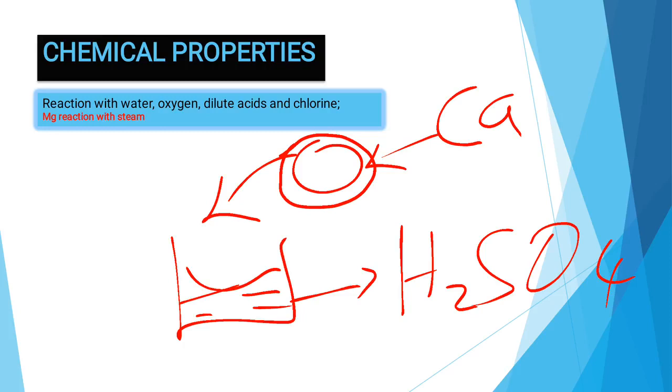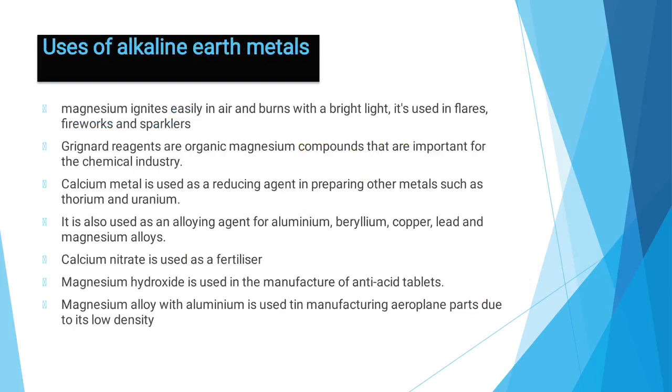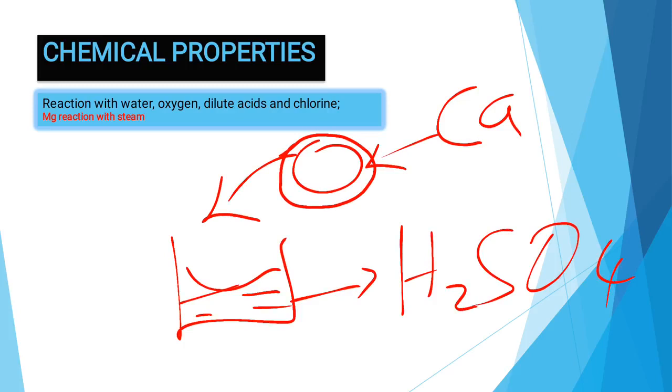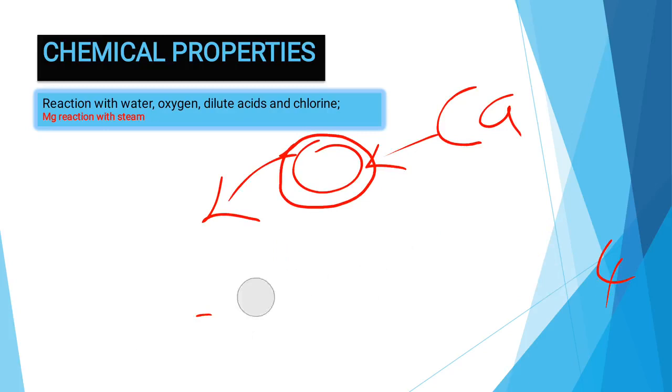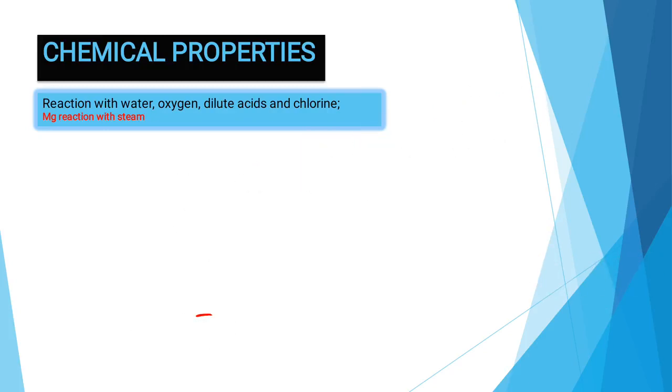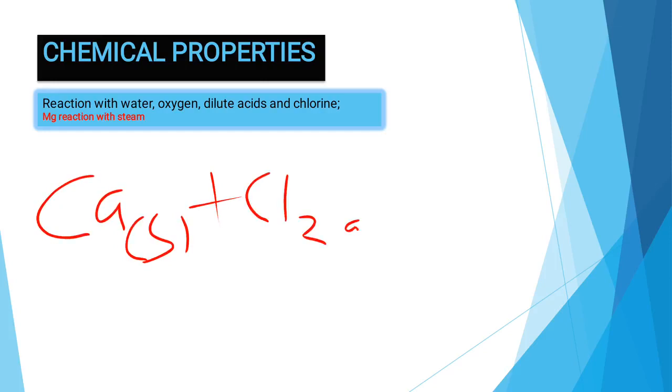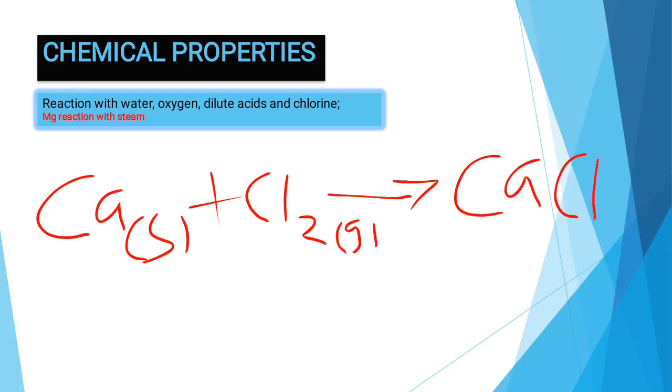Yes, are we there? Next, we look at the reaction of these same elements with chlorine gas, and it is very simple. We will use, for example, calcium, which is a solid, reacting with chlorine, which is a gas, to give us calcium chloride.